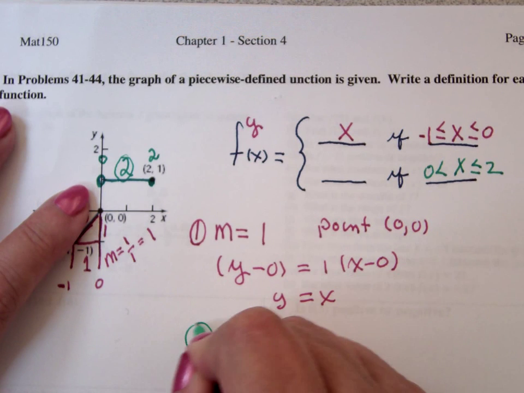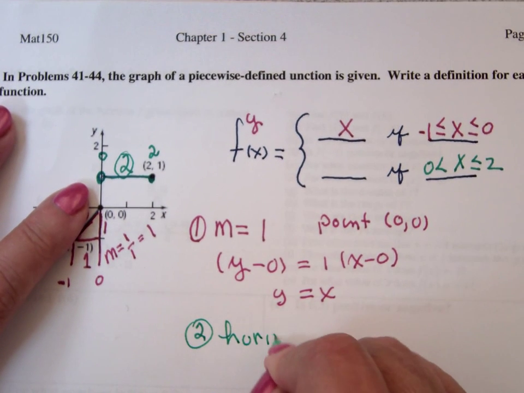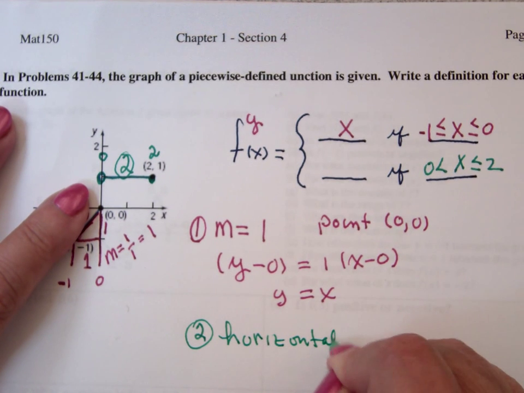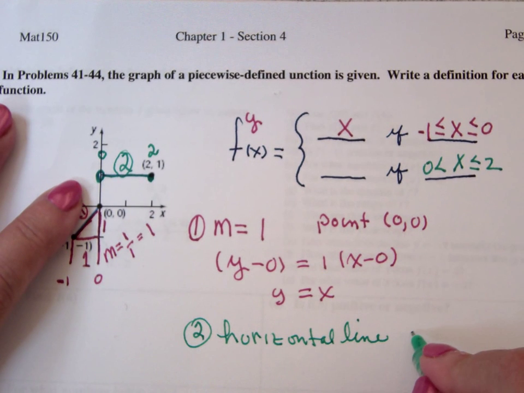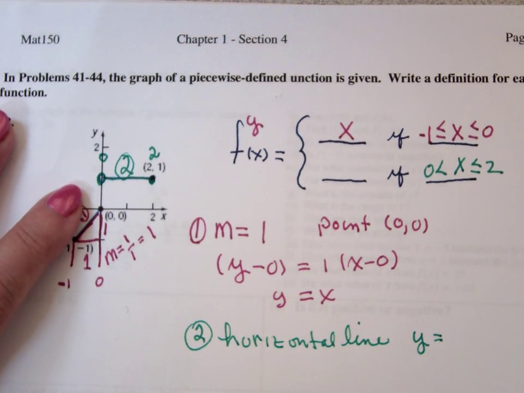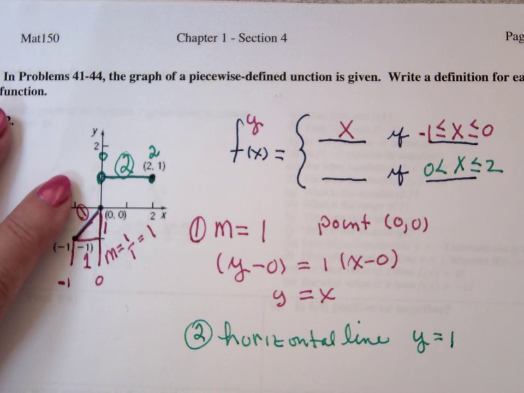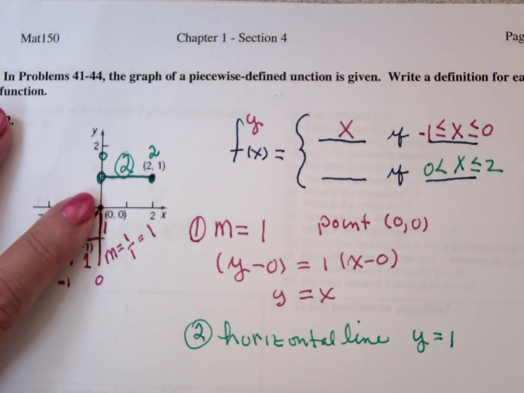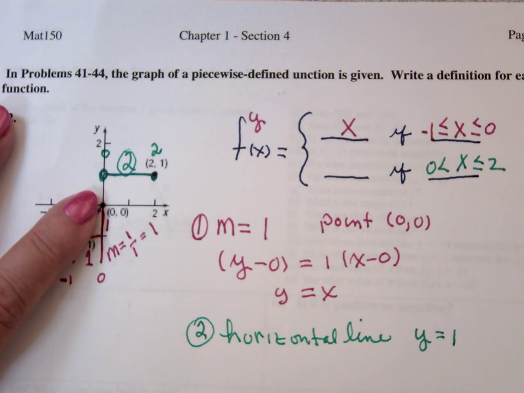Graph 2 is a horizontal line. And if it's a horizontal line, that means it is y equal what? Y equal 1. A horizontal line is always y equals the value because it's flat. So no matter what x value I pick, y is 1.